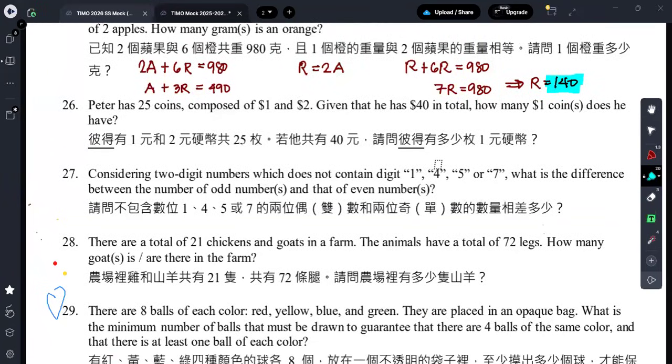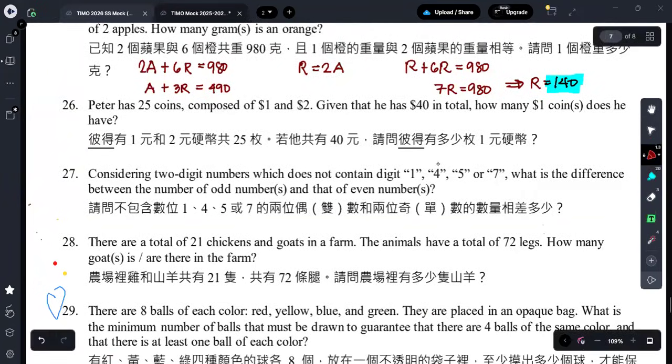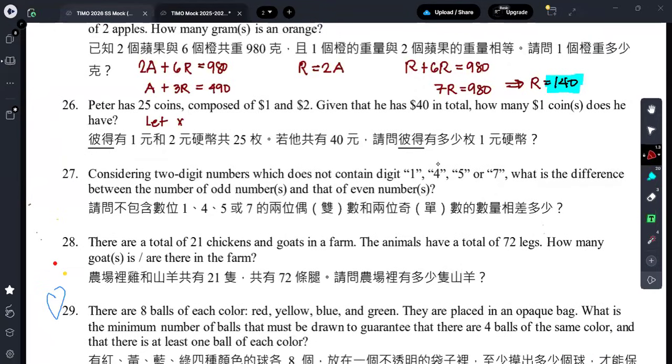So we have X plus Y. Let X be the number of $1 coins, and Y the number of $2 coins.